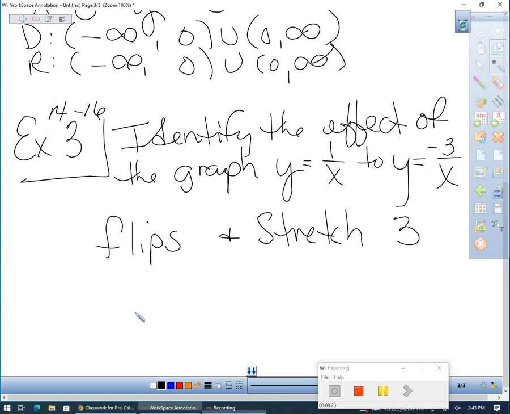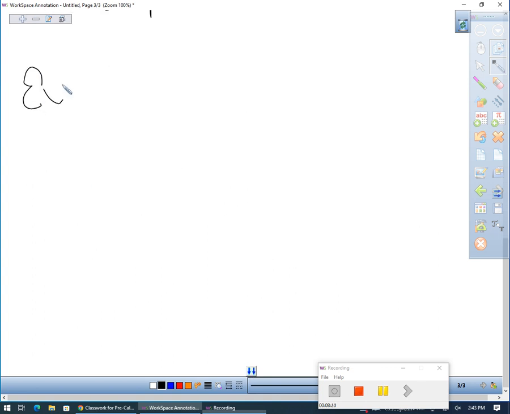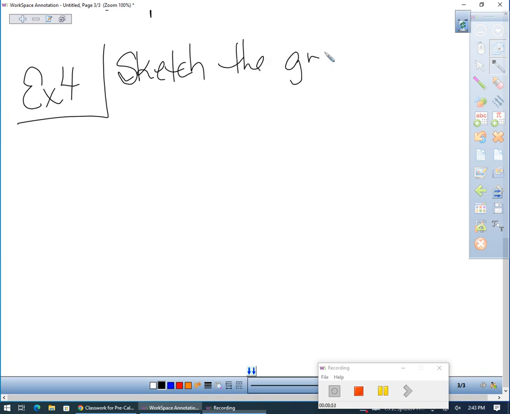Example number 4. For example number 4, it's going to ask you to sketch the graph and identify domain and range.